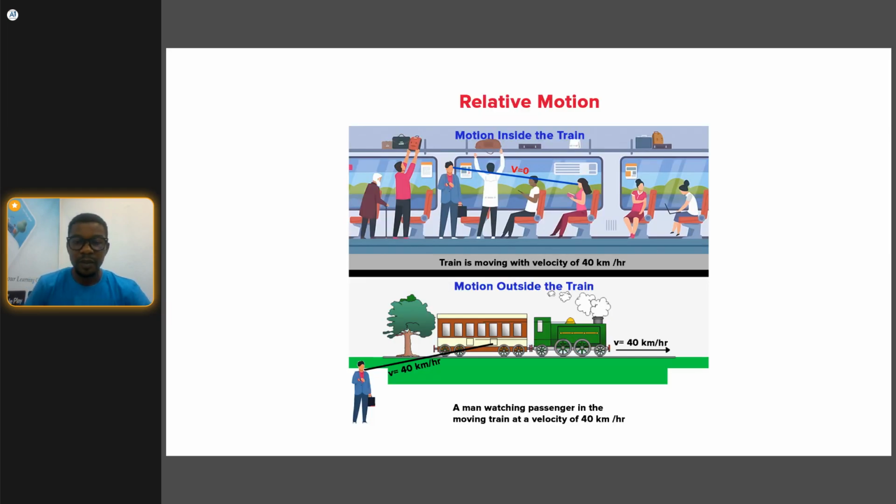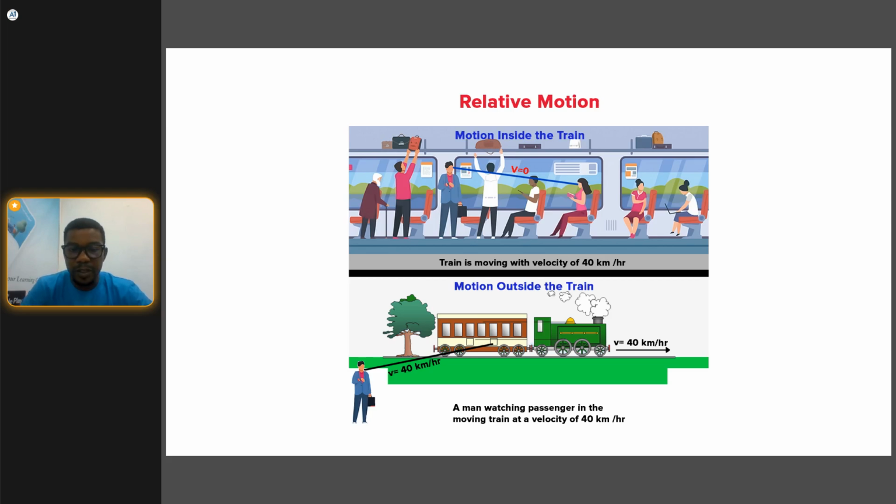Relative motion is defined as the motion of a body with respect to another body. And take note that all objects moving on the surface of the earth have a relative motion with the earth's surface.